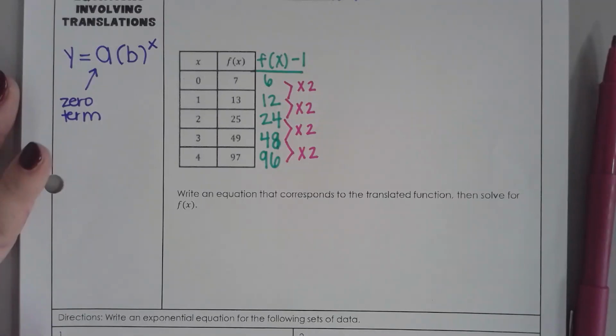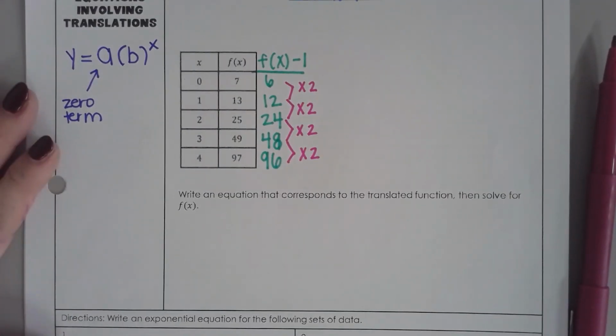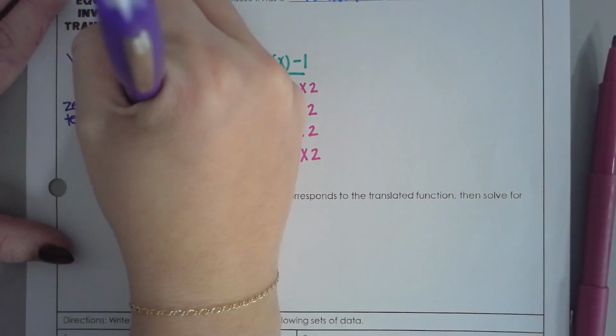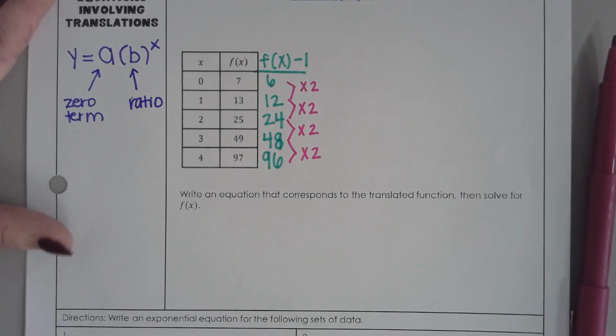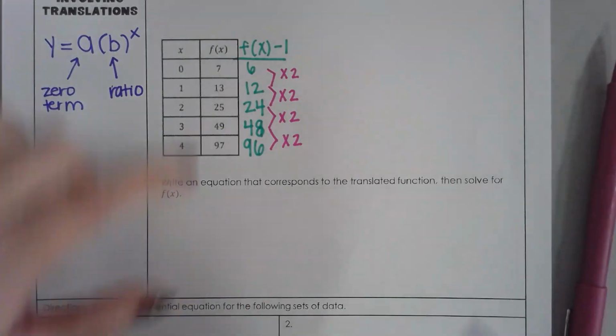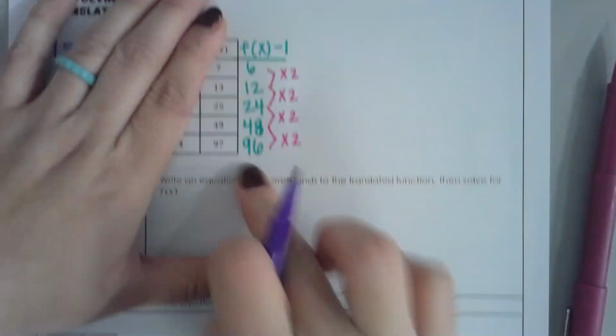We started with geometric sequences and comparing them. It was always your zero term. B is like your ratio, what you're multiplying by. So first we're going to come up with the equation for that one.